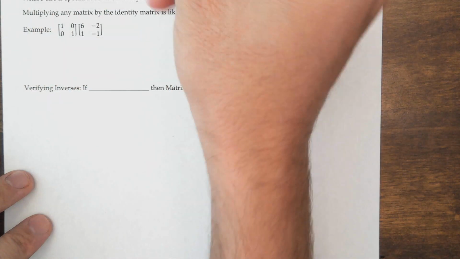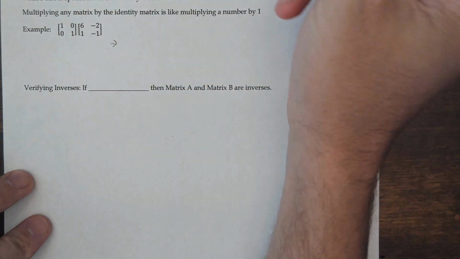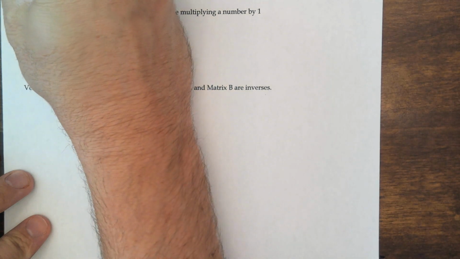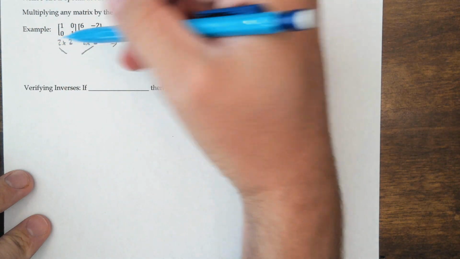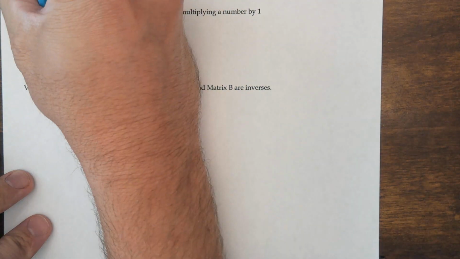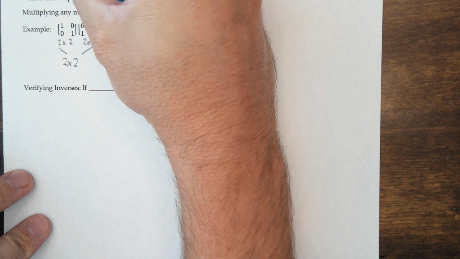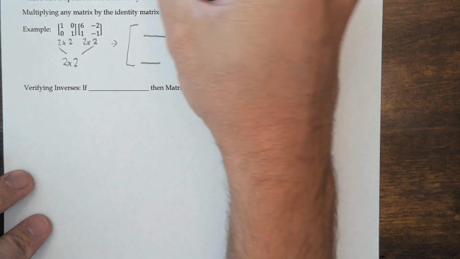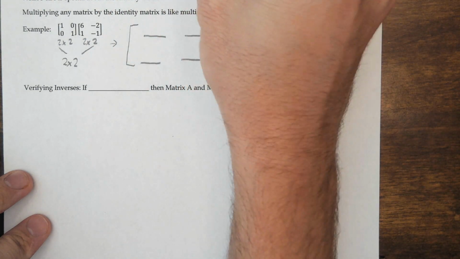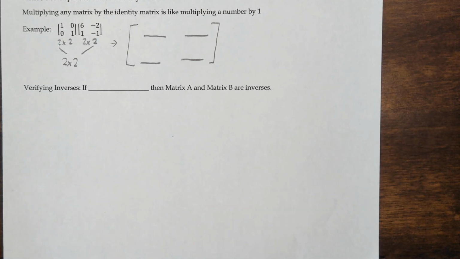So we've got a 2 by 2 times a 2 by 2, right? So I'm going to go ahead, and since we know our outsides, yes, we have a 2 by 2. So how do we come up with our solution matrix? We take our outsides, so the rows of our first one, columns of our second, bring those together so we know we're going to have a 2 by 2 here. Okay, so again, I'm using my 2 colors here.